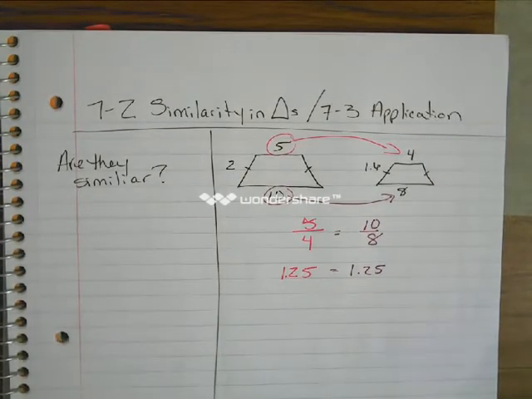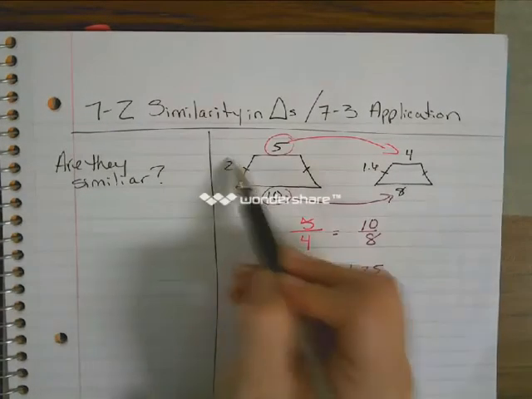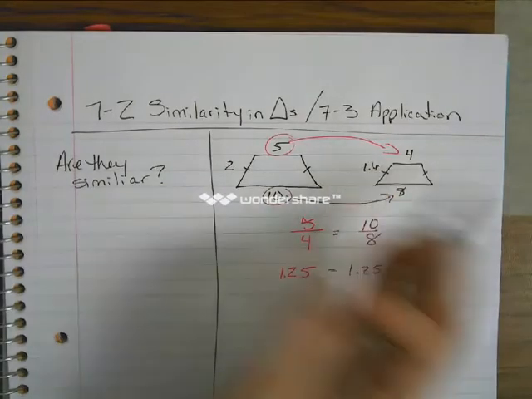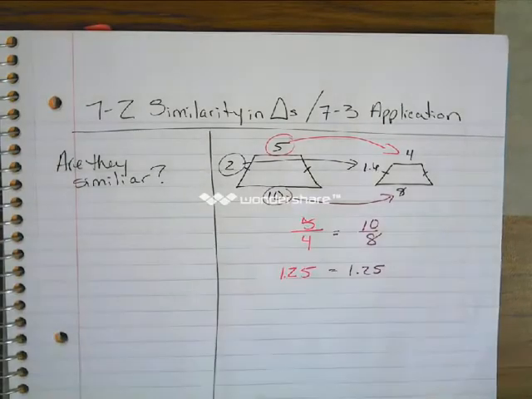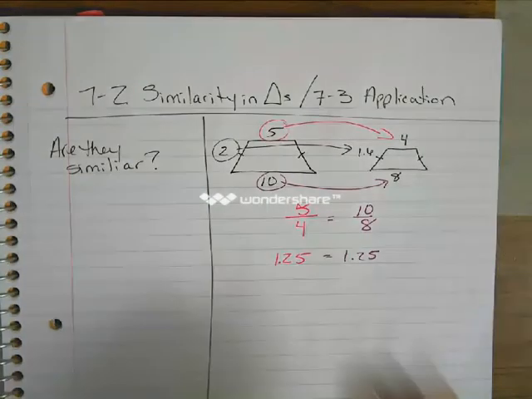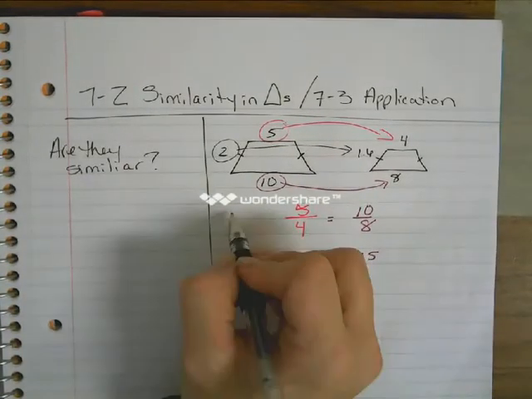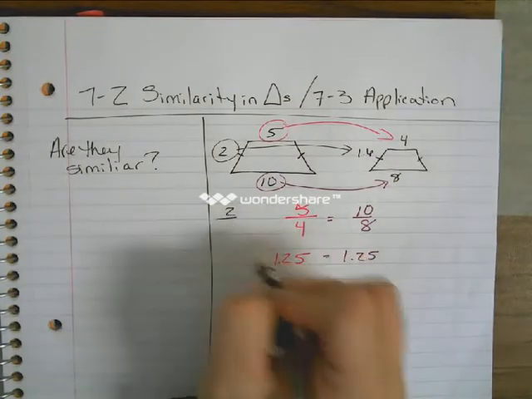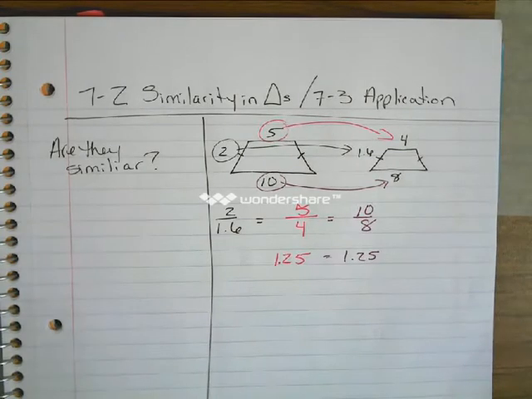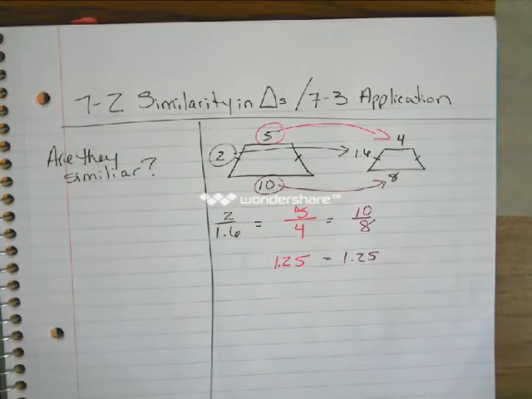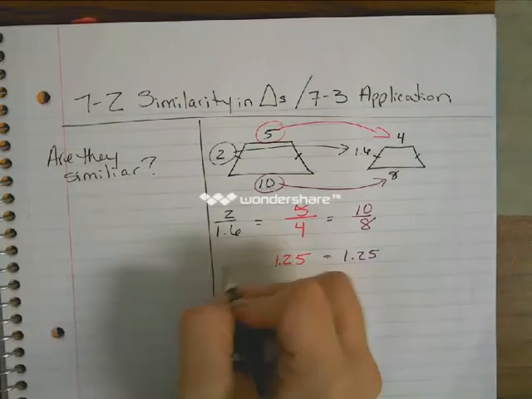But did I check this one? No. And that makes a difference. It is very important to check all the sides of the figure to determine if it is similar. So, let's check this one, just to be sure. 2 divided by 1.6 equals, and in this case, I do get 1.25.